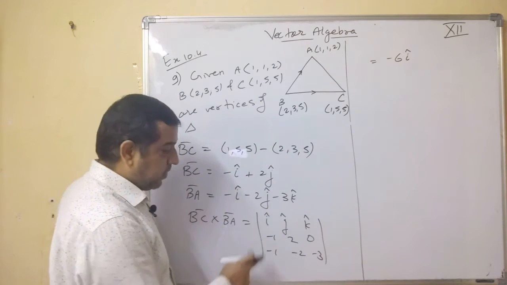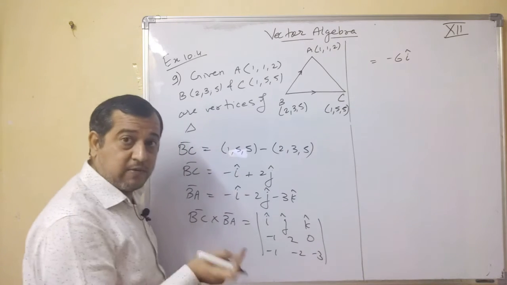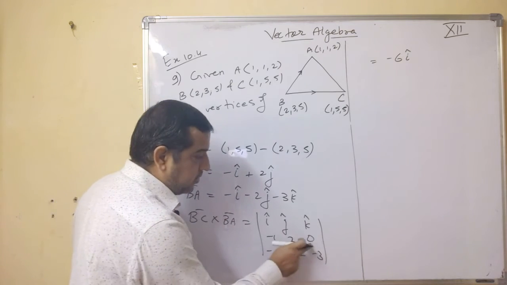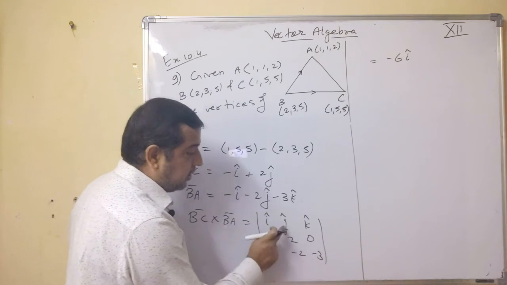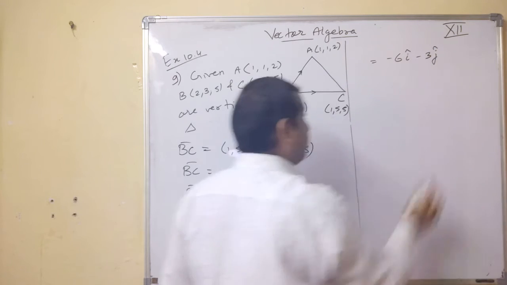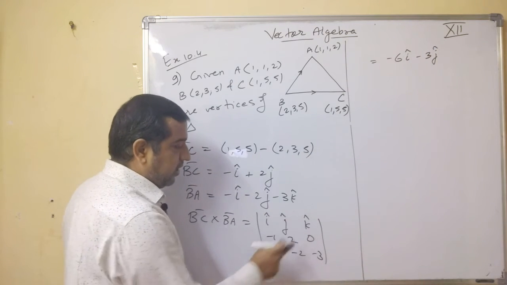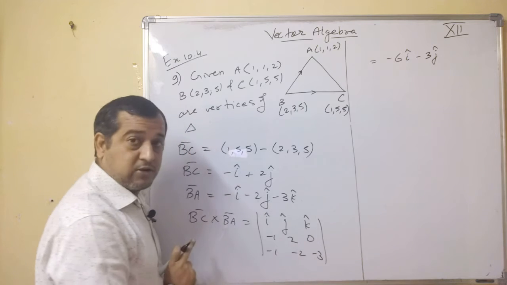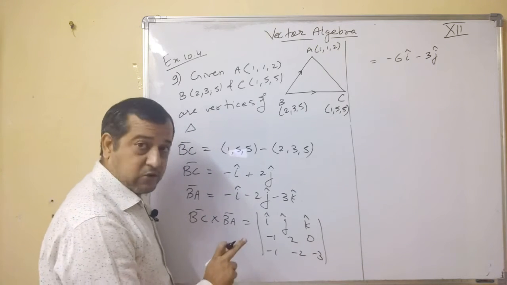Minus J: minus 1 into minus 3 gives plus 3, and minus 1 into 0 is 0. So this is plus 3, and J's sign will be negative, so minus 3J.